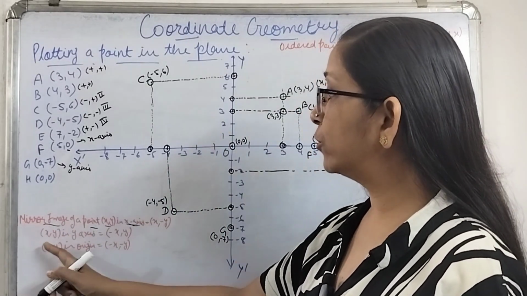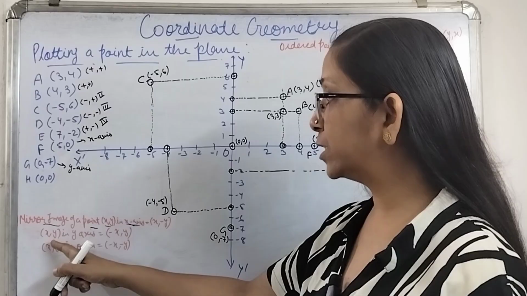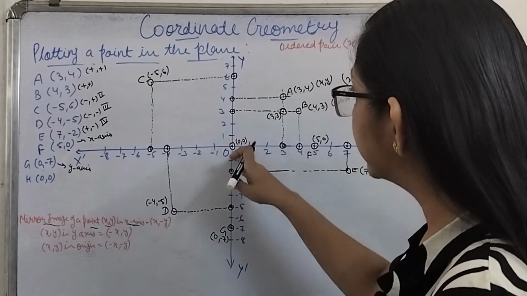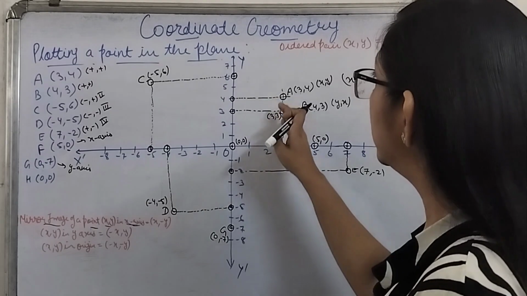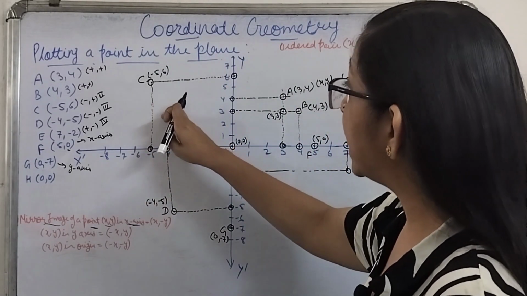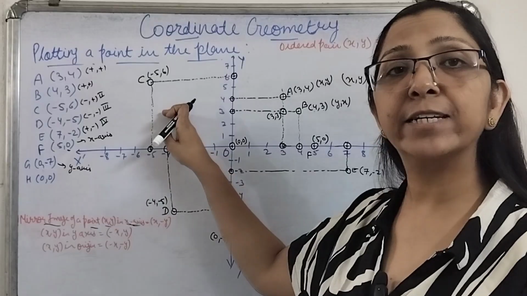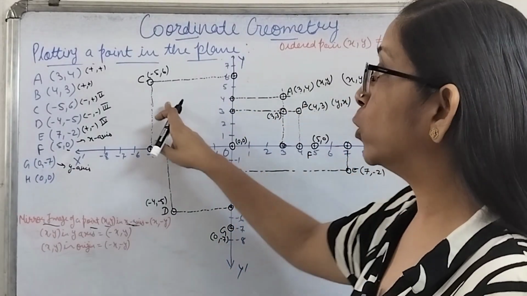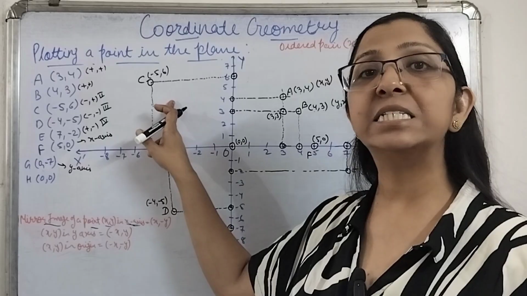And if we have to draw the mirror image of a point xy in the y-axis, suppose this is the point, and in the y-axis I am to draw its mirror image. So this point will lie here. That means the sign of the x coordinate will change. Over here your x coordinate was positive, but over here your x coordinate is negative.